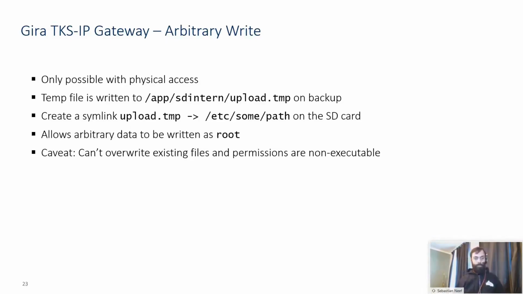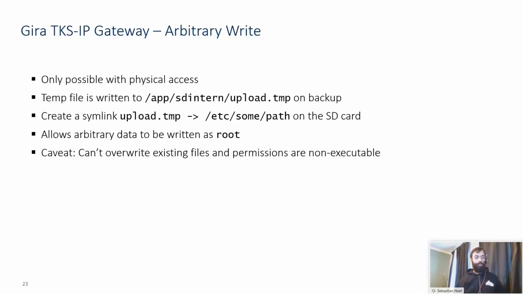So with this backup functionality that you've seen in the beginning of the video, we tried to get write access to the device, because once you upload a file with a POST request, it would write the whole file's raw contents into this /app/sd internal/upload.temp file. And after the upload has finished, it would move this file around and try to restore the whole device.